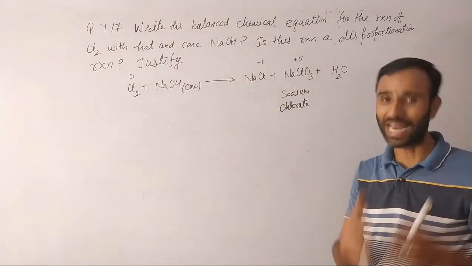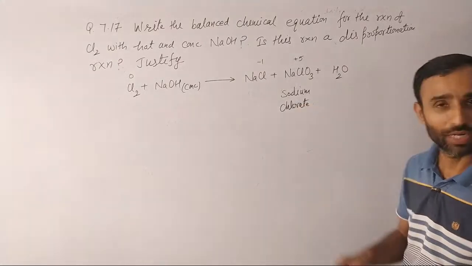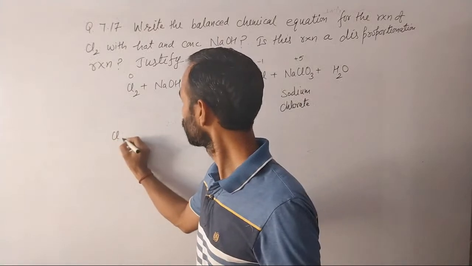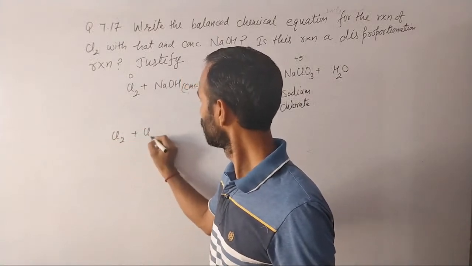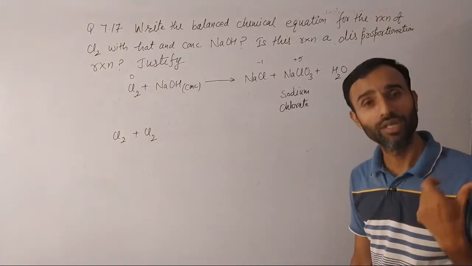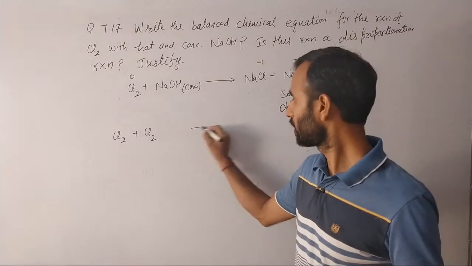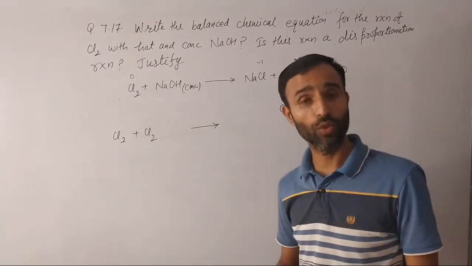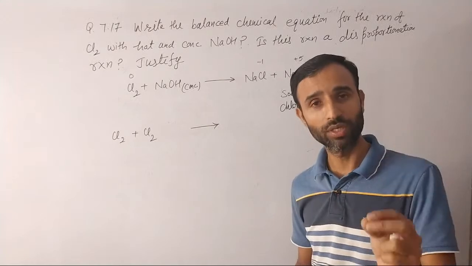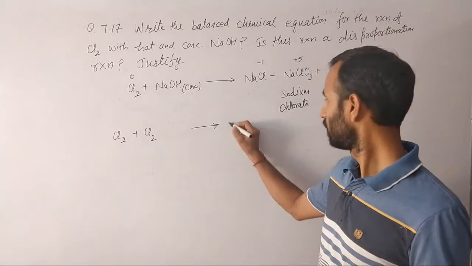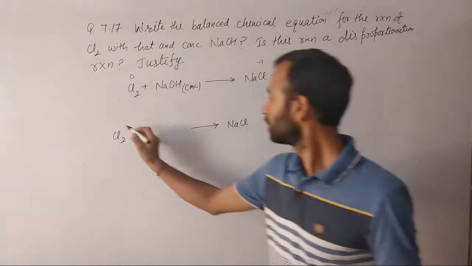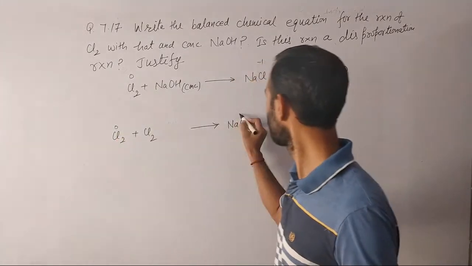So how do we balance it? Just note down. First of all, you should write two chlorines: one chlorine which is oxidized and another chlorine which is reduced. Whenever a disproportionation reaction is there, you will write the element which is oxidized as well as reduced two times. So it is converted to NaCl, so Cl2 from 0 to -1.